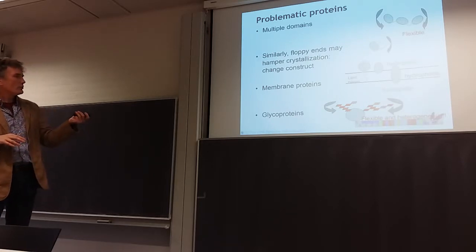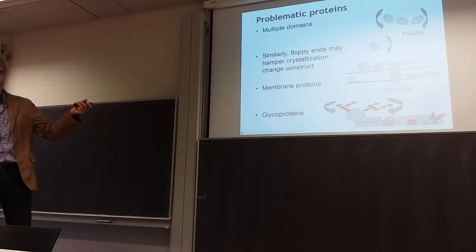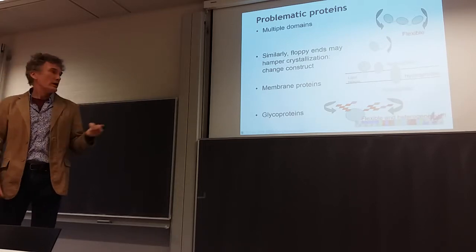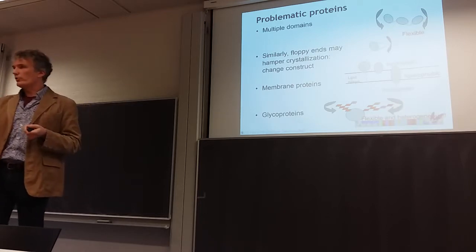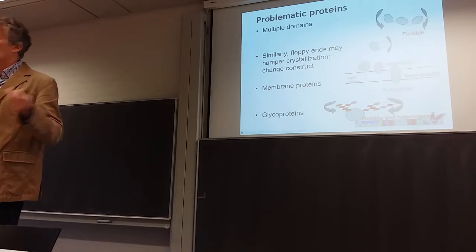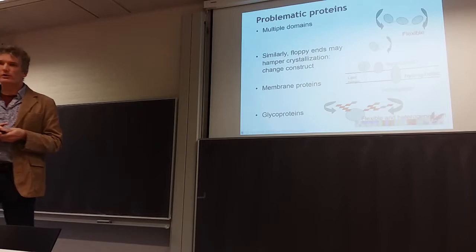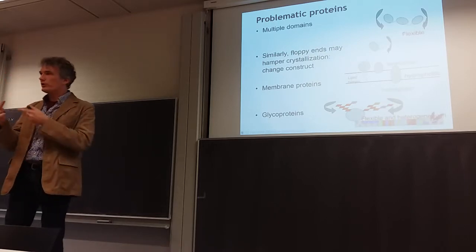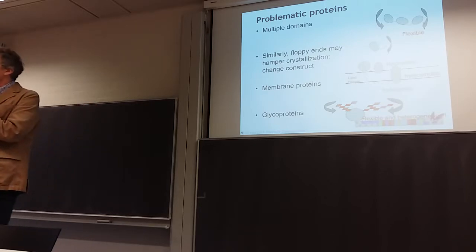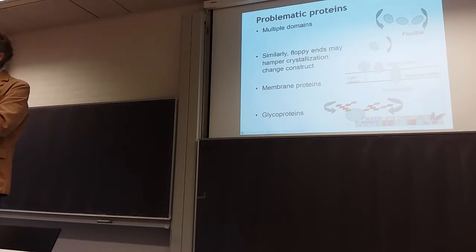So the most problematic class is glycoproteins. You have these glycans, so that's sugars, and it can be anything from one sugar molecule to a whole polymer of thousands of sugar entities. And they have 3 problems. They're heterogeneous because they're enzymatically attached. They will have different shapes. They're floppy, so they don't want to crystallize, and they're sugars.